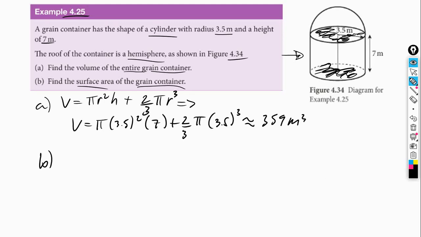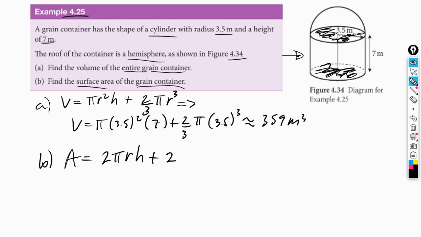So basically we need to find the area of the outer part of the cylinder. And recall that that is simply 2 pi r times the height. And then the surface area of a hemisphere is 2 times a circle, right?